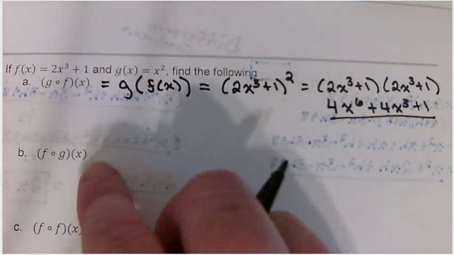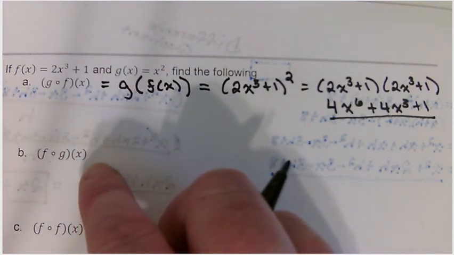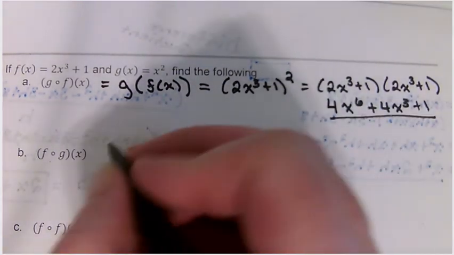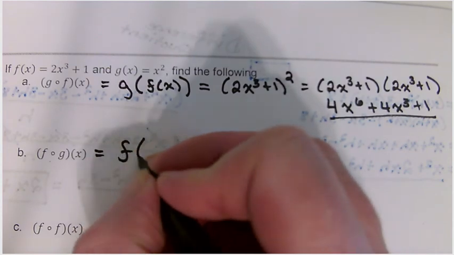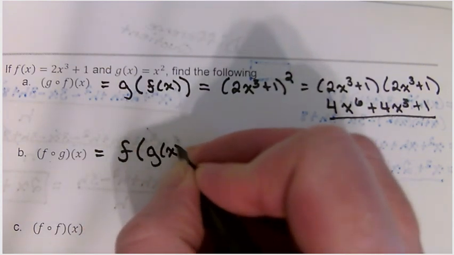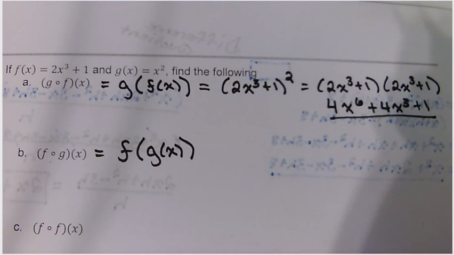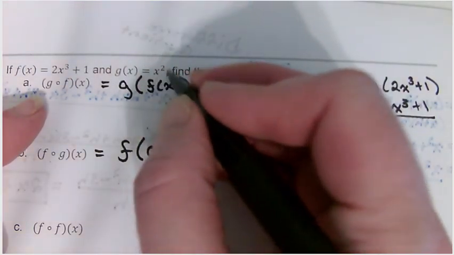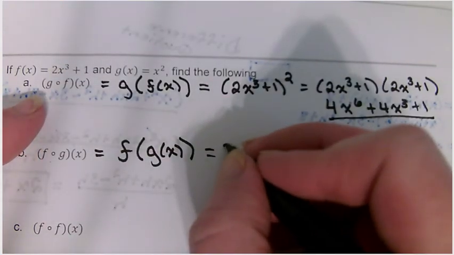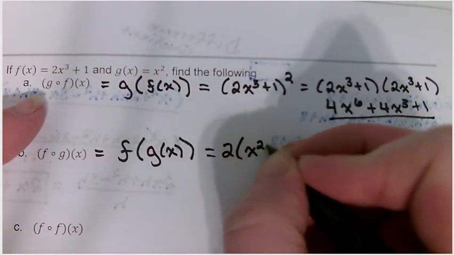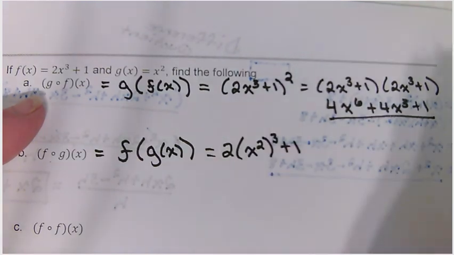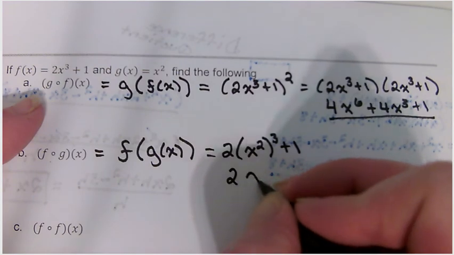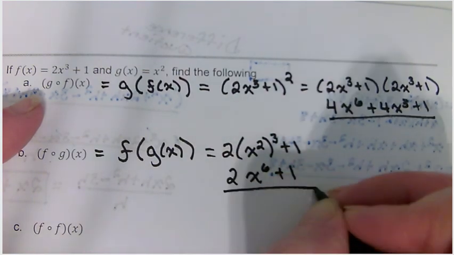Notice the difference here. F of g of x. This means I'm doing it in the other order. I'm going to put x squared in for x over here. Now, x squared cubed gives me x to the 6th plus 1.